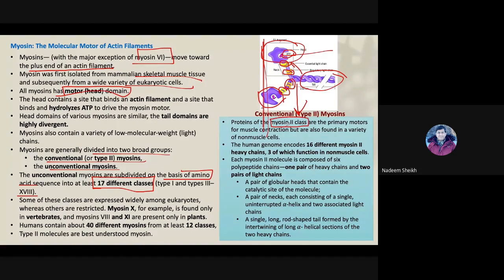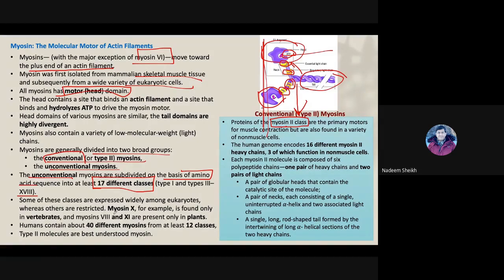Now keep in mind, whenever you talk about myosin in muscle contraction, this is myosin 2. Apart from myosin 2, we have a number of other myosins which are categorized as unconventional myosins, whereas myosin 2 is categorized as conventional myosin because of its discovery and the extent of its structure and function that we have known so far.